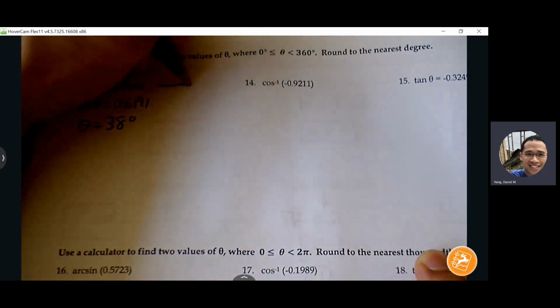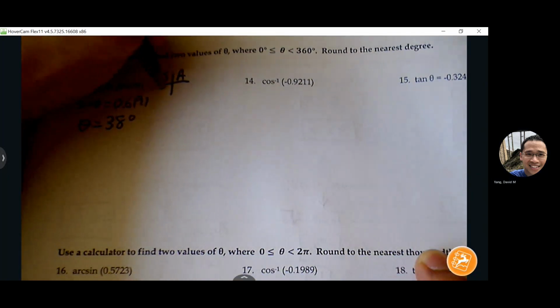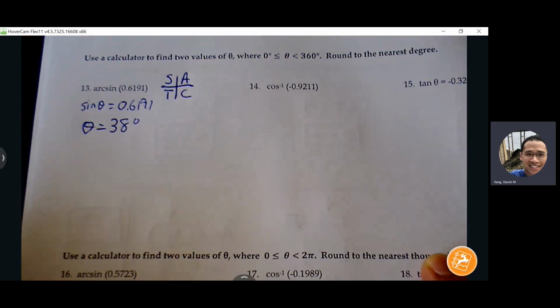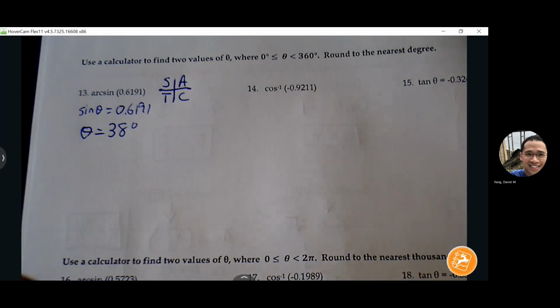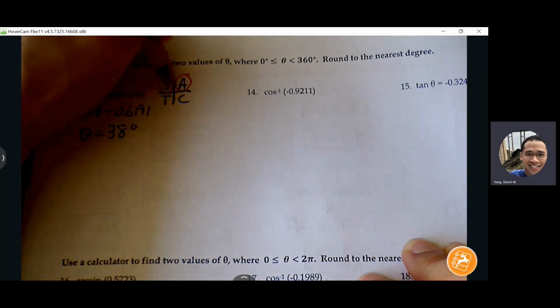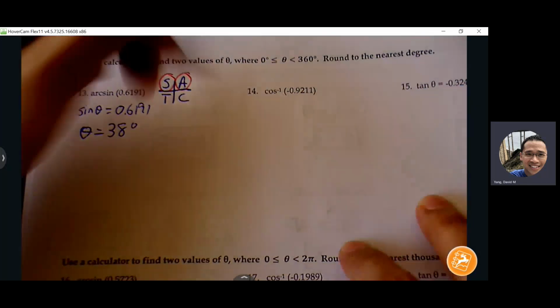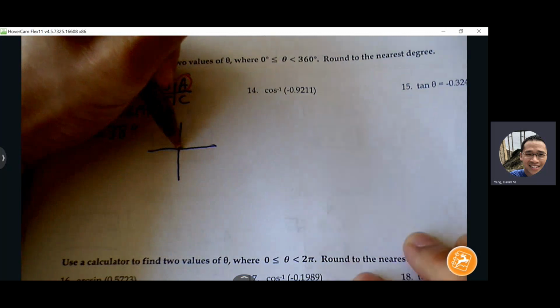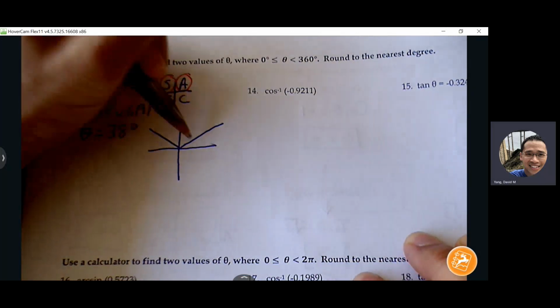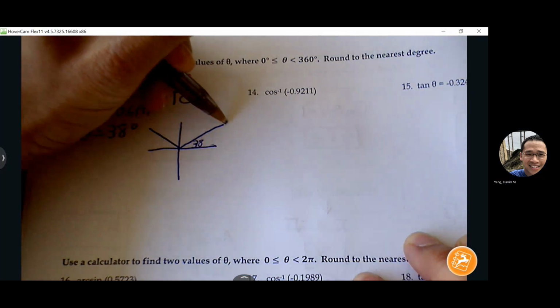Okay, and let's make sure we are targeting the correct quadrant here. Which quadrant are we after here? First and second. Okay, so 38 is already one of our answers, but we want to find something that's related to 38, and we have to use our reference angle knowledge to find that.